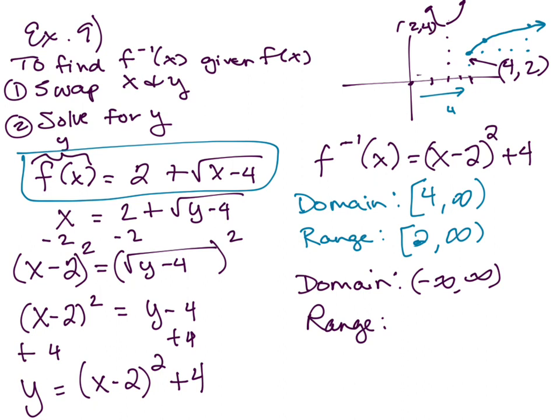Uh-huh, it's a U. 4 to infinity, because it bottoms out at 4, and then it goes up from there. So the cool thing about inverse functions is their domain and their range are flip-flopped. This is domain 4 to infinity becomes range 4 to infinity.